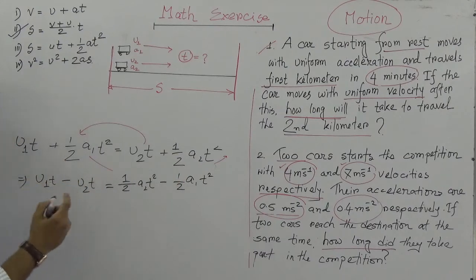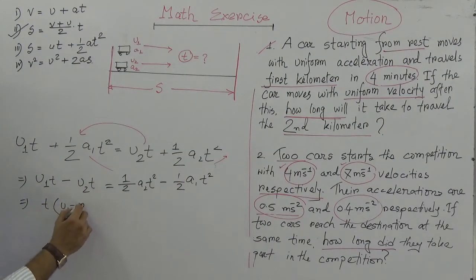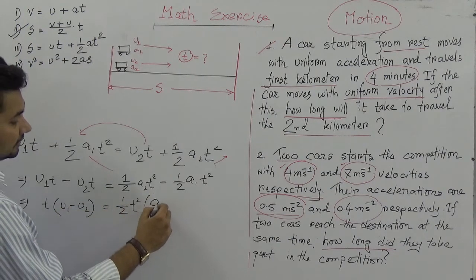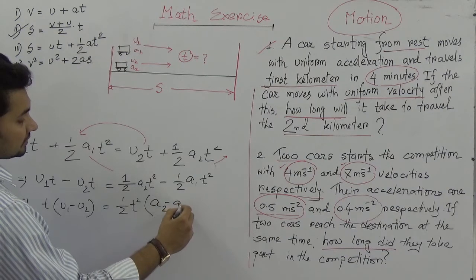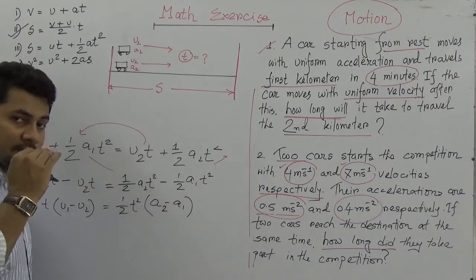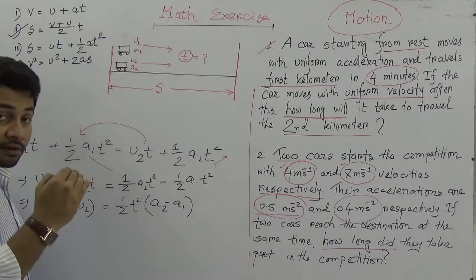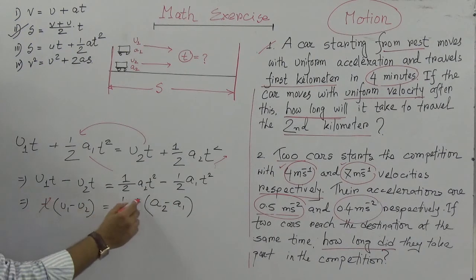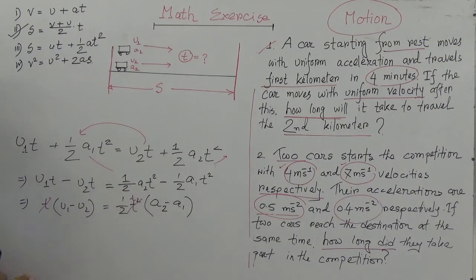Now we can take a common factor. What's common in these two quantities? t. So it would be u1 minus u2, and then we can take a common half t squared, then it would be a2 minus a1. So it's getting general, and it's getting smaller. So we can divide by t on both sides, and we have t here only once.